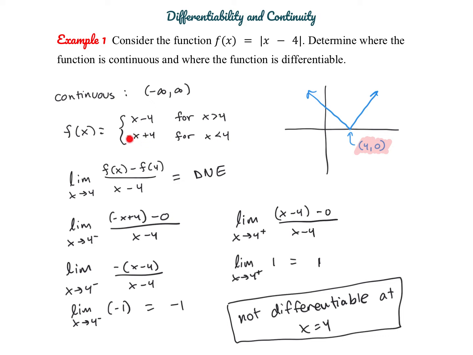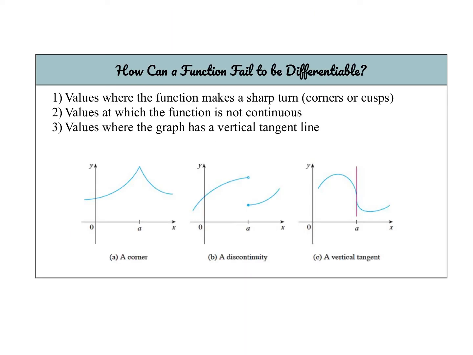And if you just tried to differentiate this portion of our graph, everything to the left of our vertex, it is also differentiable. But it is not differentiable at the vertex when x equals 4. And again, that's because the left and right-handed limits are not the same, so that limit does not exist. So this is a clear example of when a graph can be continuous at a value, but not differentiable at that value.